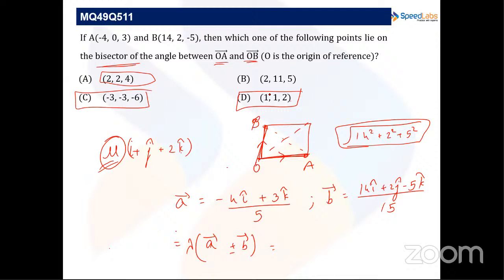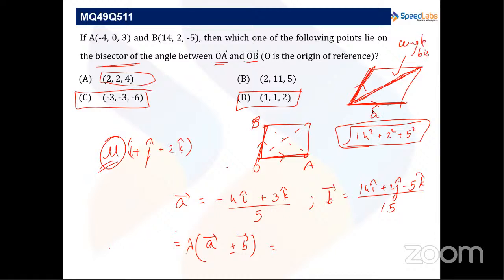What we have to do here is find the angle bisector and the points lying on the angle bisector. So first find a unit vector along this and then find a unit vector along this. These two vectors will have the same magnitude, so the resultant will pass in between the two vectors, and that vector will give us the angle bisector.